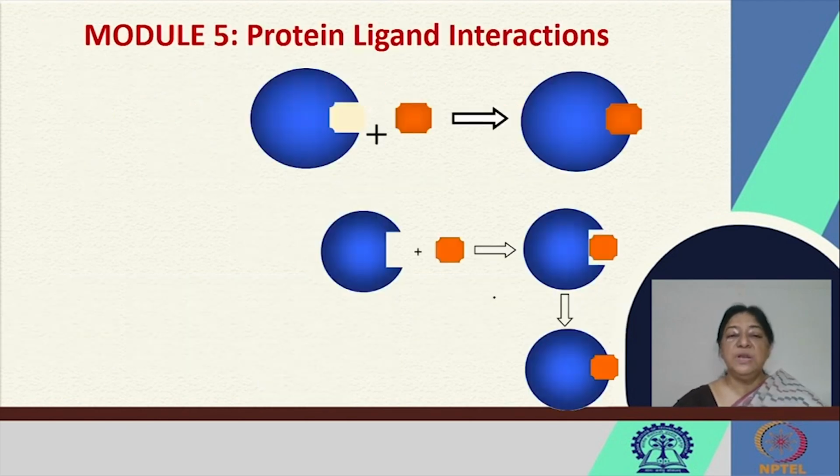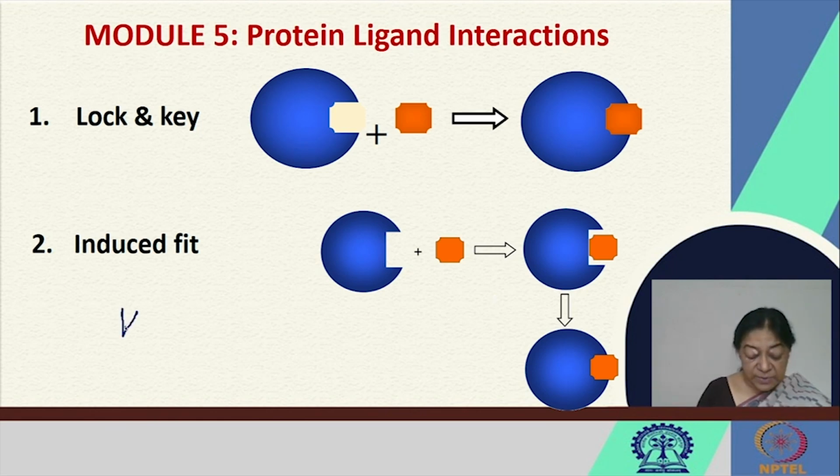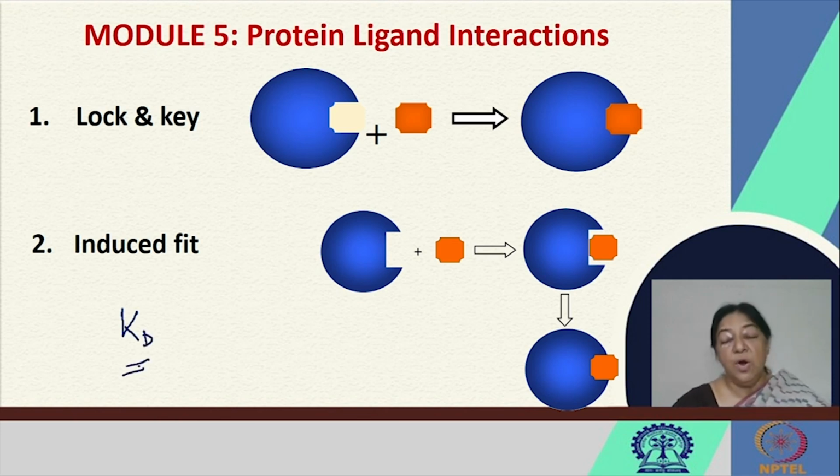When we look therefore at protein ligand interactions, the idea was looking at a specific methodology as to how they interacted, what methods could be used to identify or to get an idea of the specific dissociation constants that we were interested in, to understand how tight the binding was.